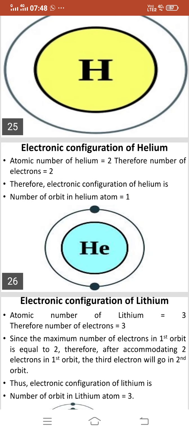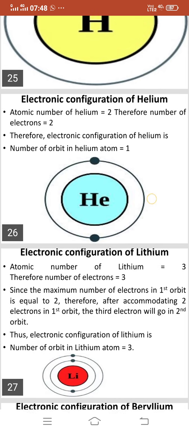So you can see a maximum of 2 electrons can be present in the first orbit. So in helium there is only one orbit, and both the electrons are accommodated in that orbit. In the center there is the nucleus of helium.